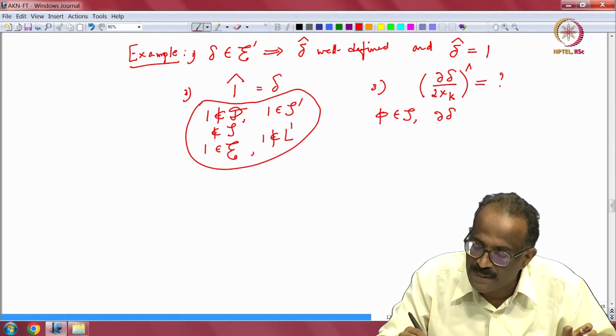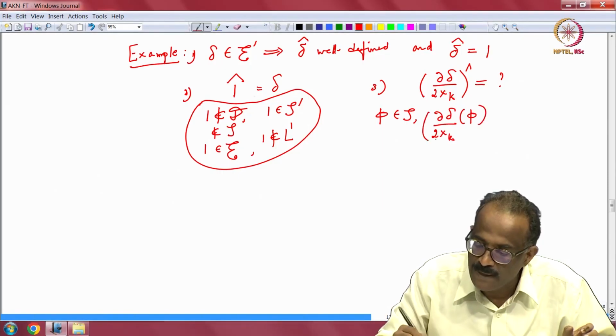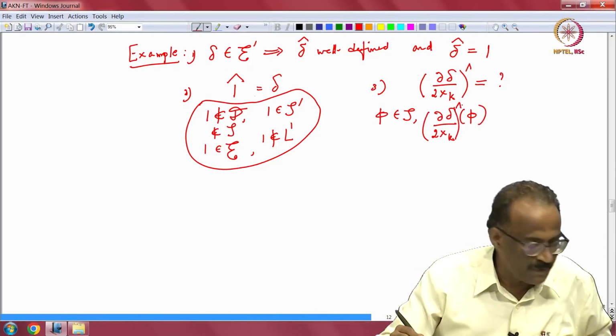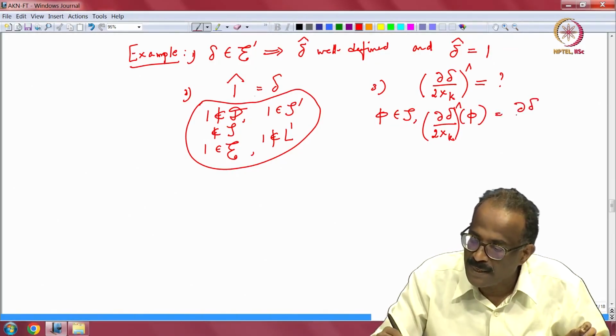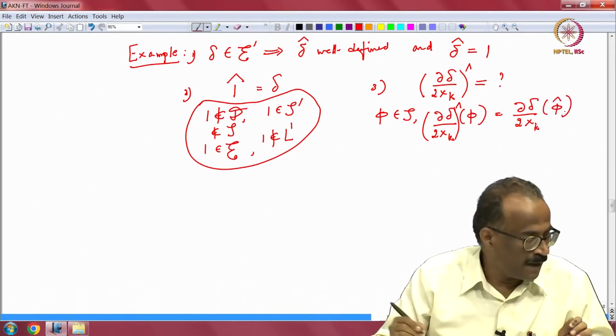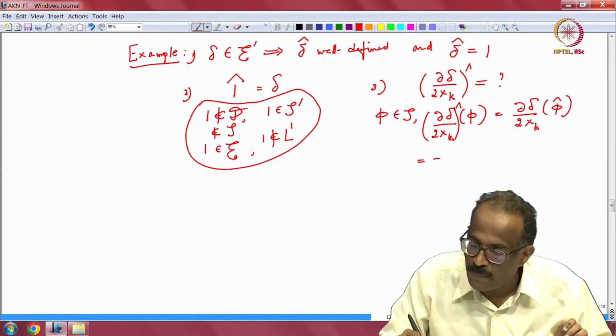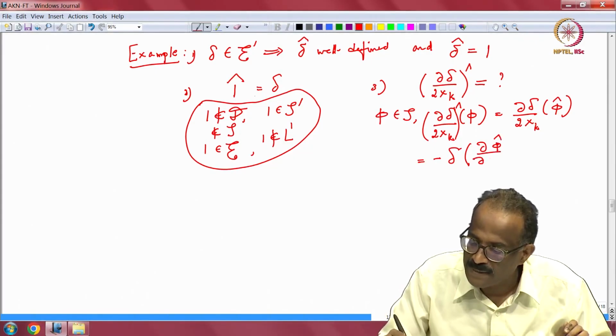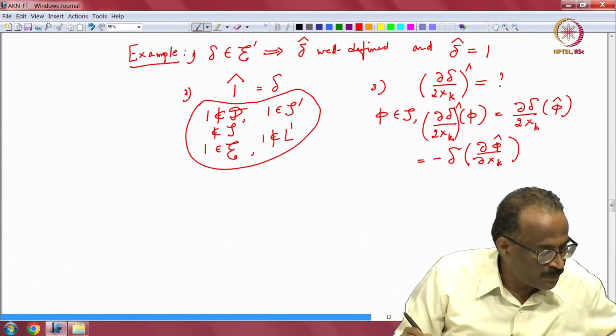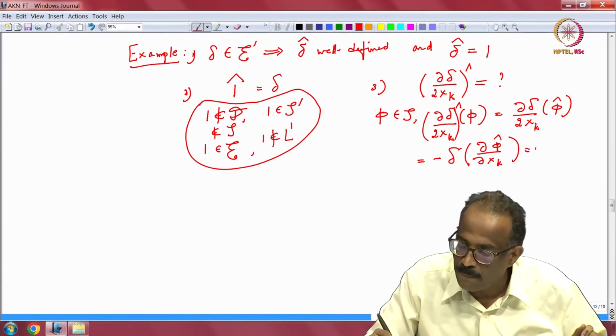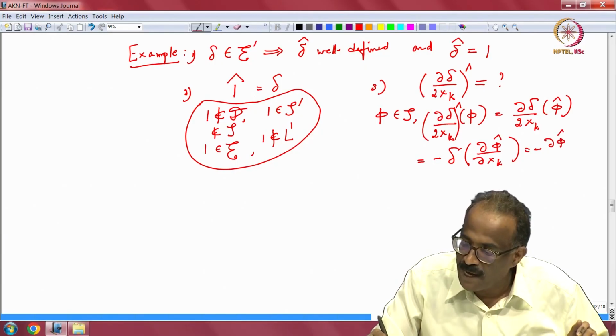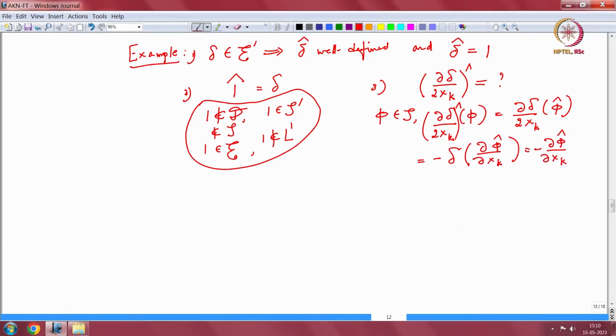So, d delta by dxk, its Fourier transform acting at phi is equal to d delta by dxk acting at phi hat, and that is equal to minus delta acting at d phi hat by dxk, and that is nothing but minus d phi hat by dxk at 0. So, you have that one.